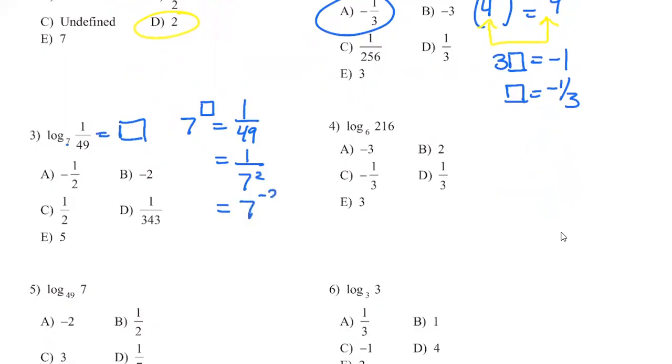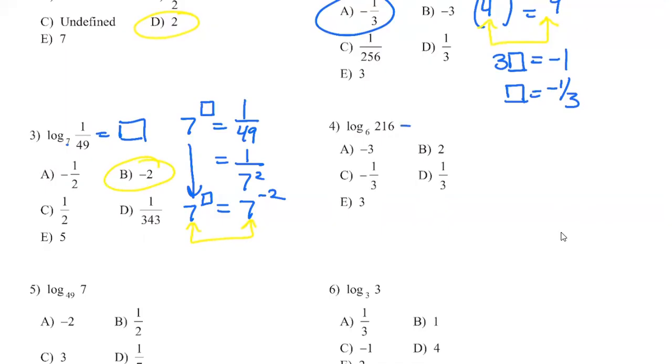So it's 7 to the -2nd. So 7 to what power is going to be 7 to the -2nd power? Again, notice that I've made my bases the same. Right away, I can say, hey, that's going to be -2. Okay. I'll do one last problem with you, and then I'll leave the rest for you to try.